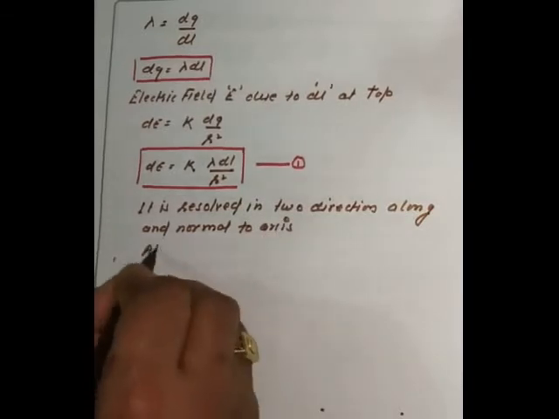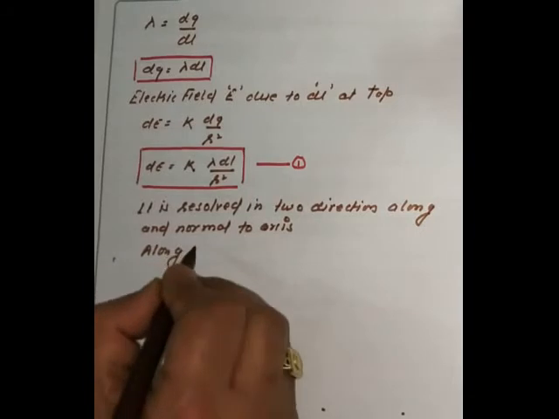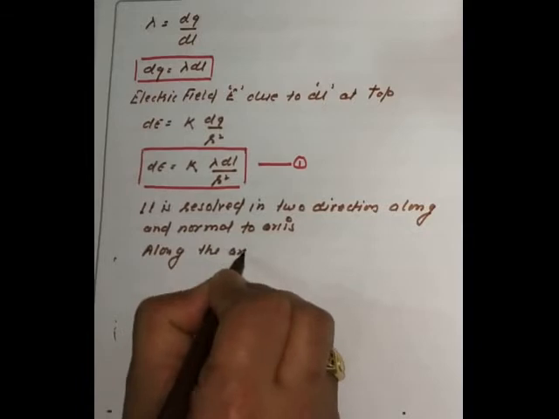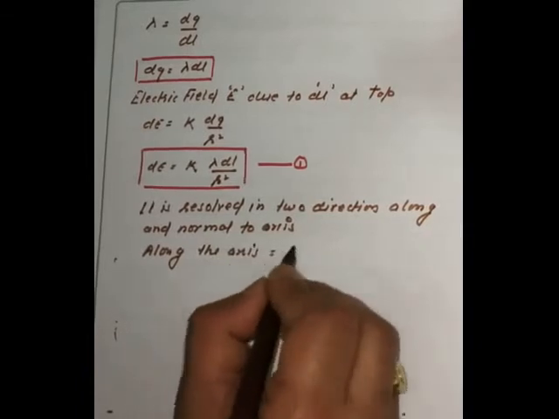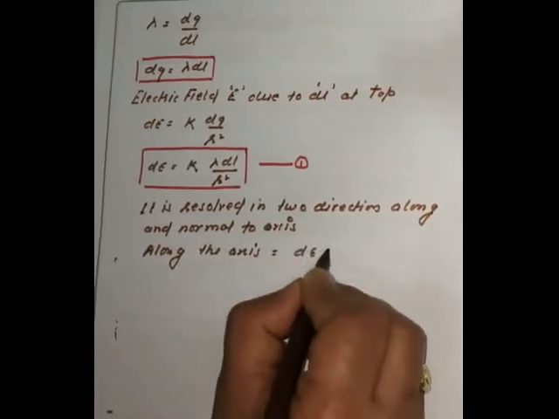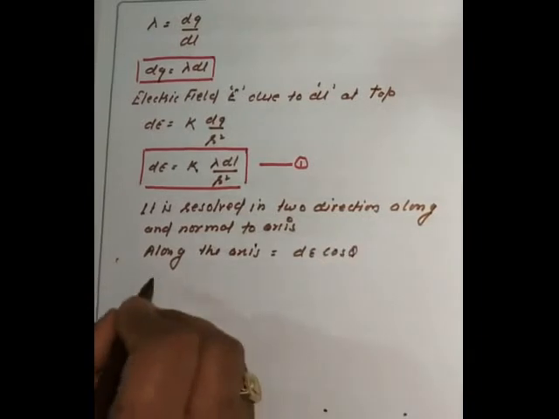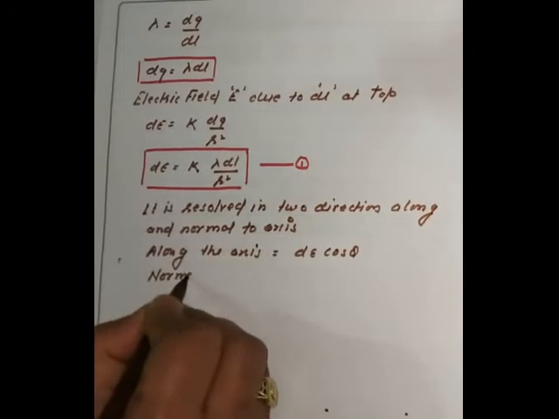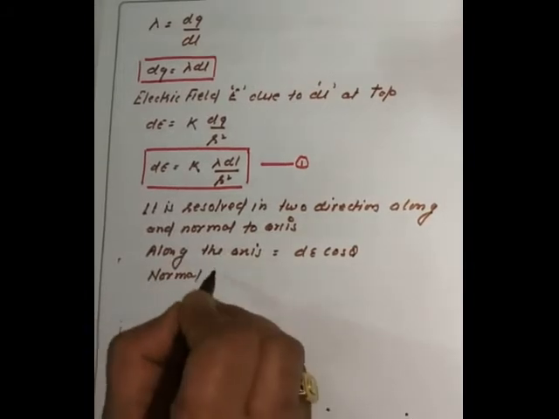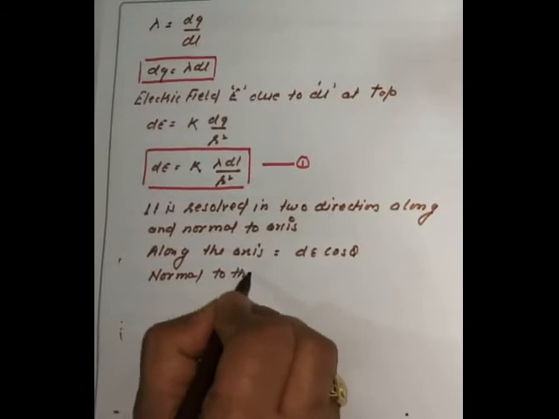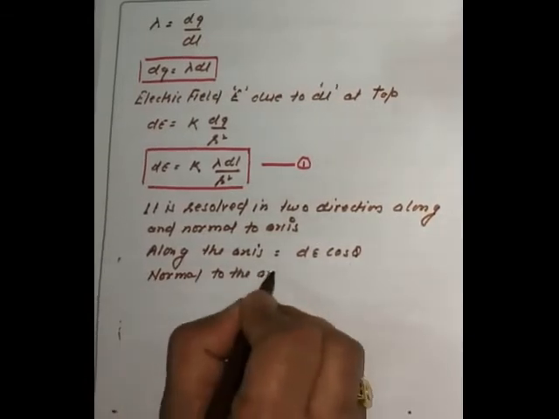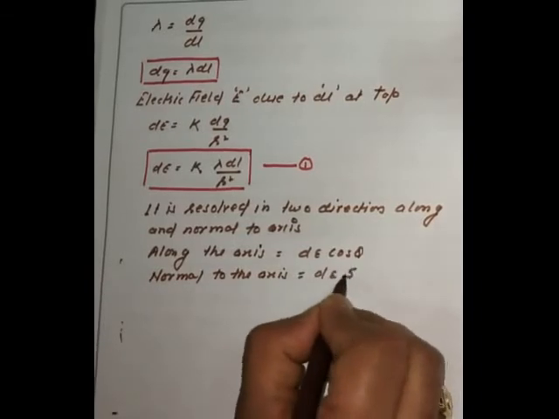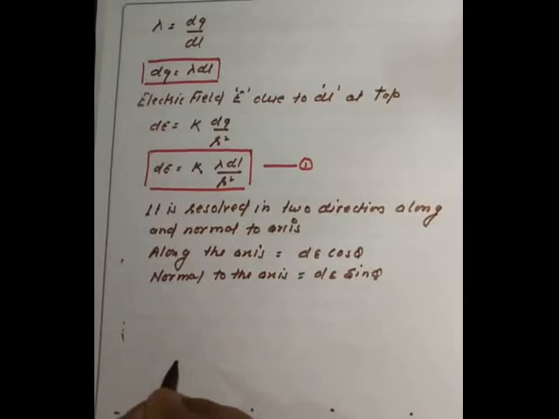Along the axis, the electric field will be dE cos theta. Normal to the axis, the electric field will be dE sin theta.